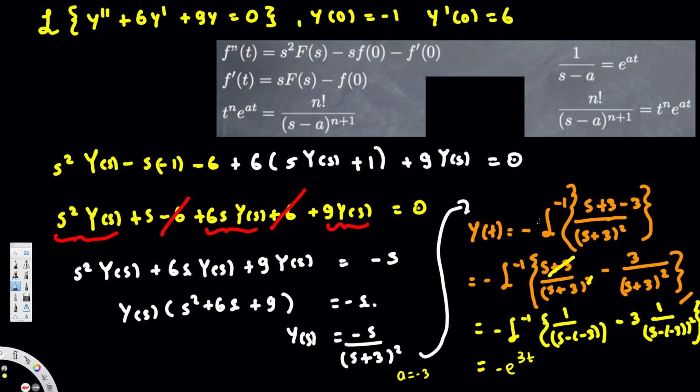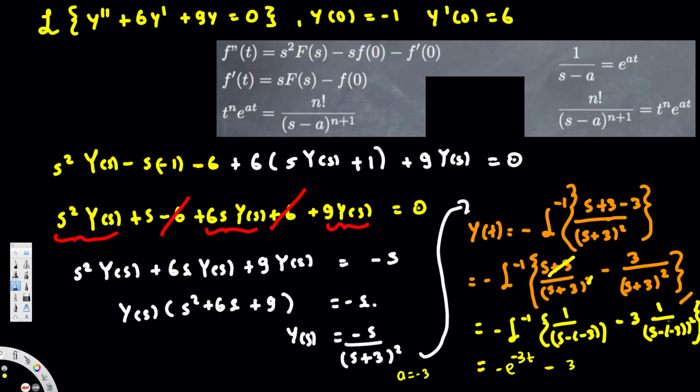Let me make sure a is negative 3. We just put negative 3 because a times t, a is negative 3, negative 3t, and then we have minus, and then 3 over (s minus minus 3) whole square, that is matching the second pattern, right?